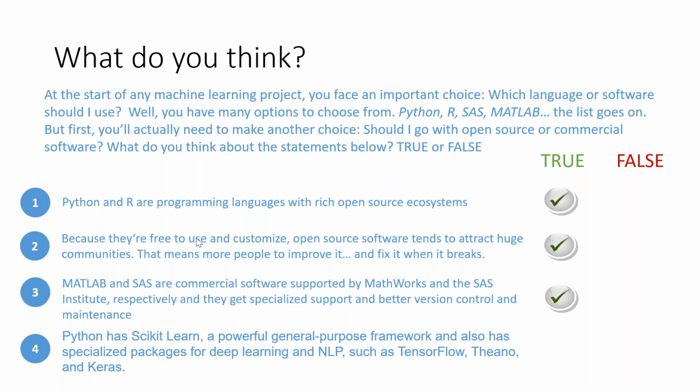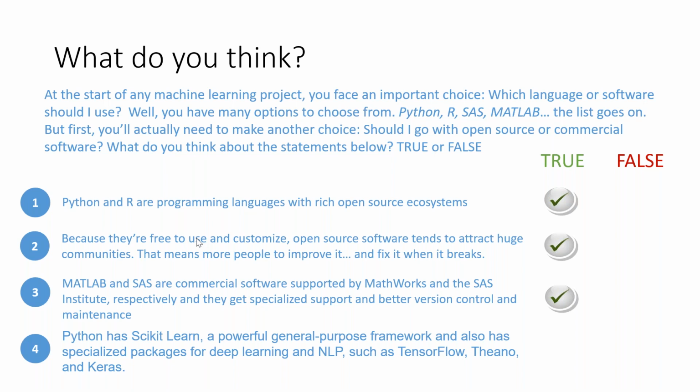Okay, the last statement I want to read is that the Python ecosystem has scikit-learn. These are off-the-shelf ML algorithms, a powerful general purpose framework, and it also has specialized packages for deep learning and NLP.